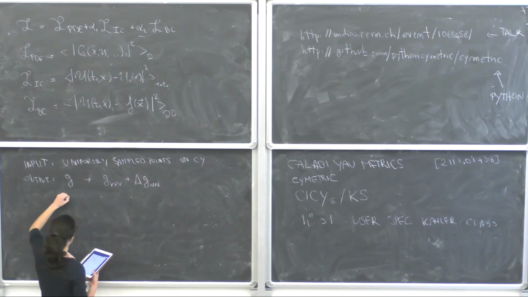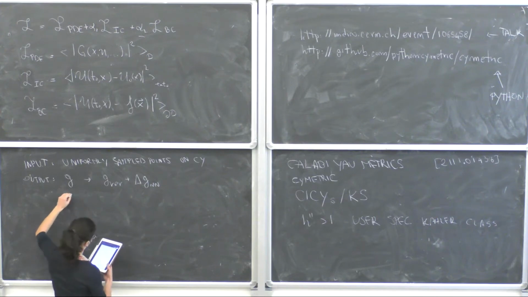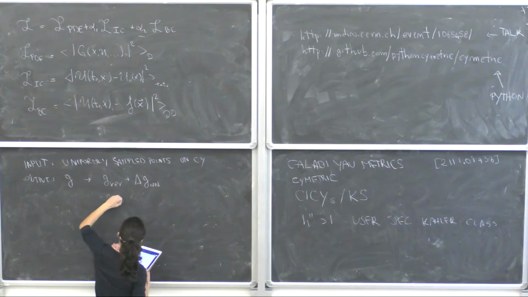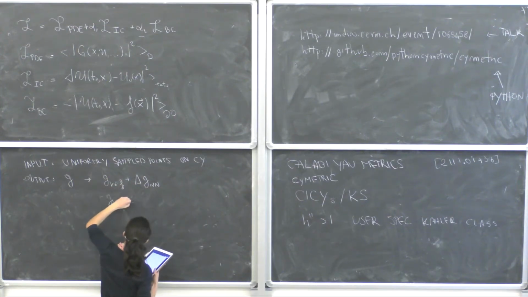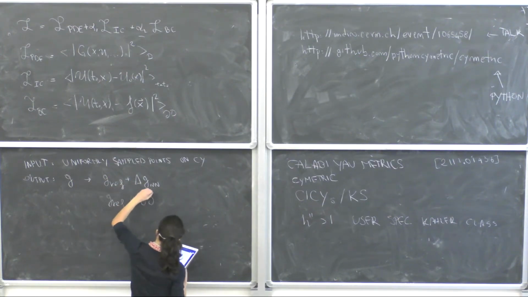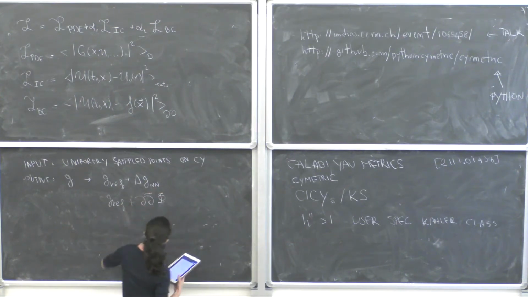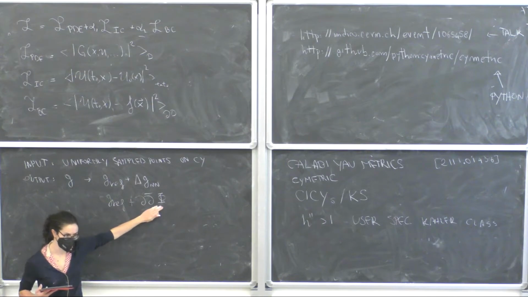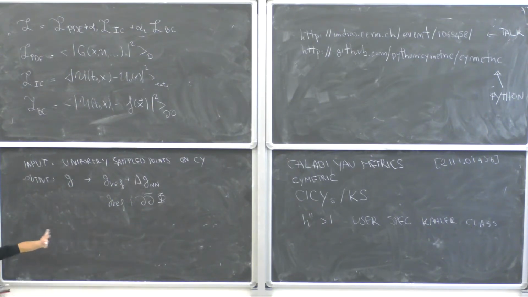In the end, the best choice was looking for a correction of this type to a reference metric, and I'm going to tell you in a while what this is related to.